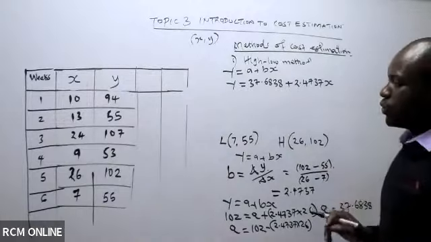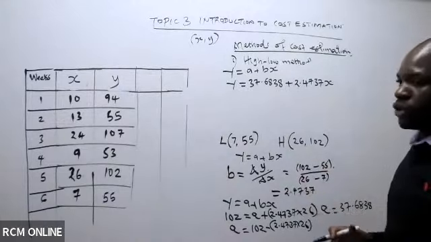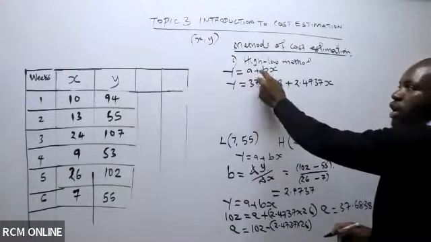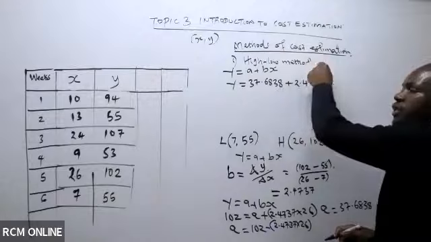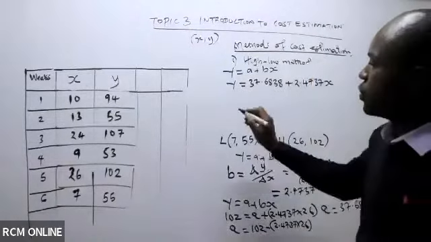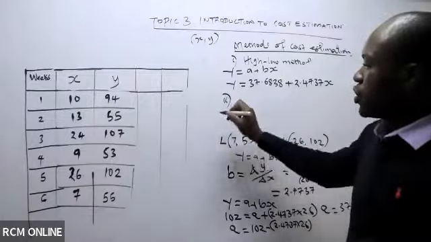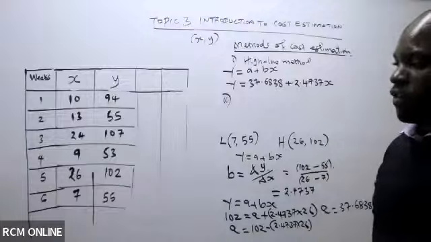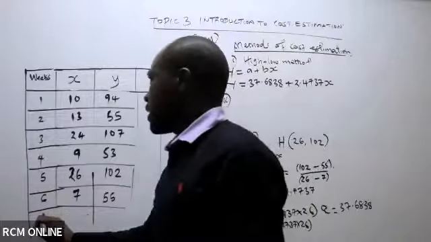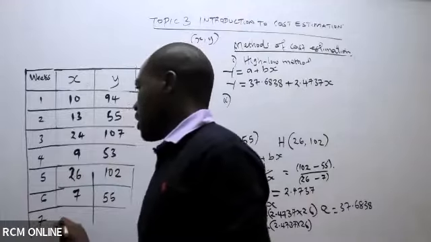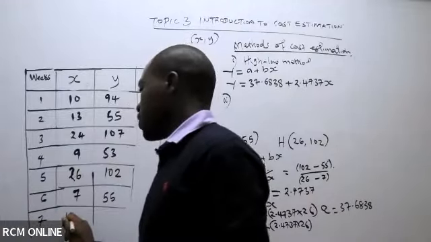Now they come to, so the first part will be told to give us the cost function in the form of y equal to a plus bx using the method. That is Roman 1. Roman 2, you'll be told to give us total production cost, given that the estimated units in week 7 are 15.